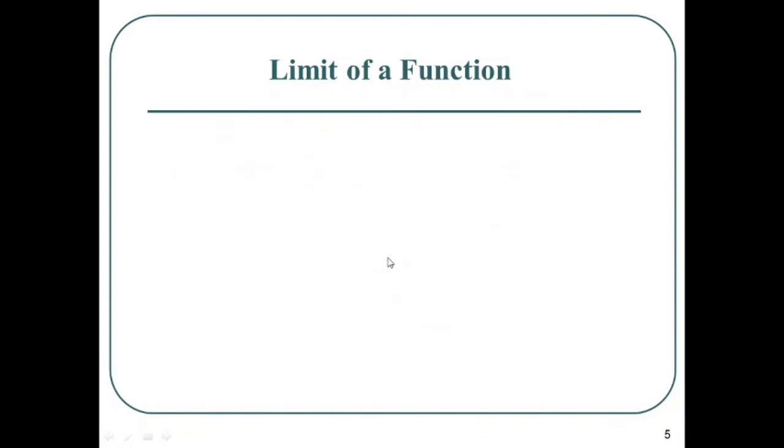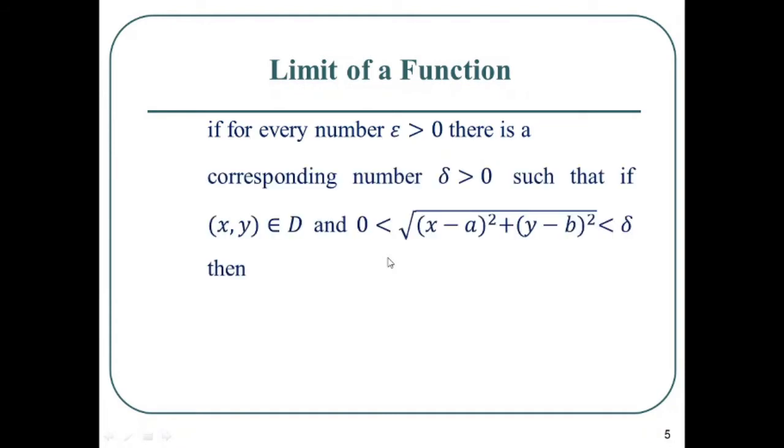And when this distance becomes very small, within delta greater than 0, then the distance between f(x, y) and L also becomes very small, because the epsilon chosen here may be as small as possible.